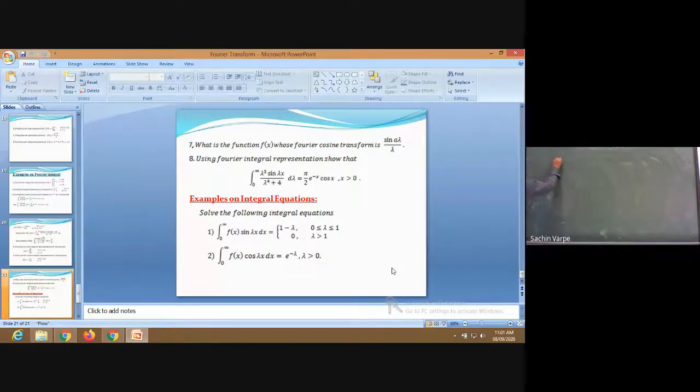The integral equation is: integration from 0 to infinity f of x sine of lambda x dx equals 1 minus lambda when lambda lies between 0 and 1, and it is 0 for lambda greater than 1.